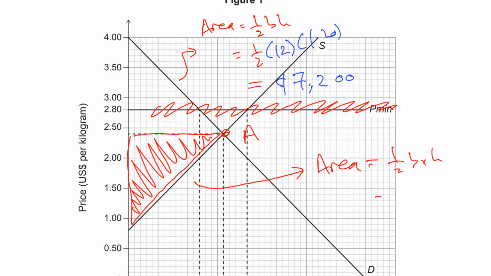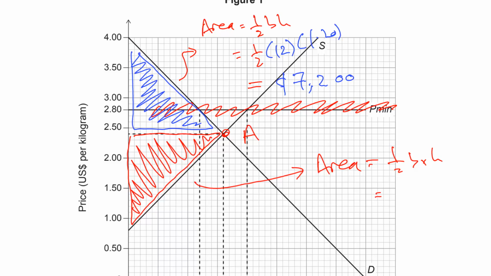Those of you with sharp eyes might realize that this triangle for producer surplus before the price control looks a heck of a lot like the triangle for consumer surplus before the price control. In fact, they are mirror images of one another. So if we have the consumer surplus before, we automatically have the producer surplus, because they're just reflections.